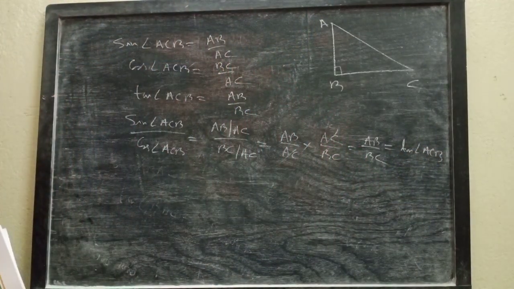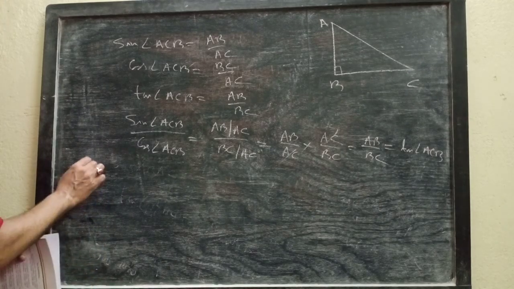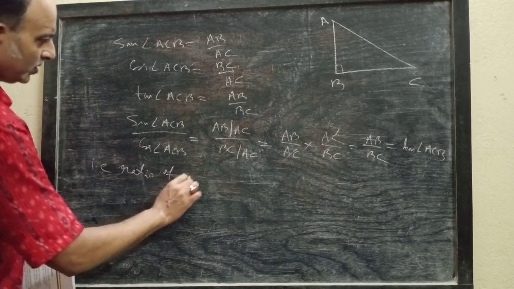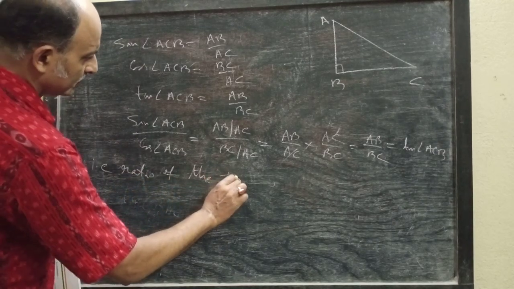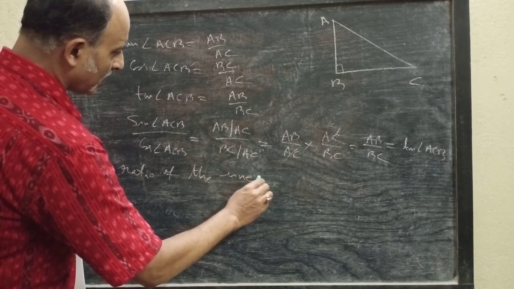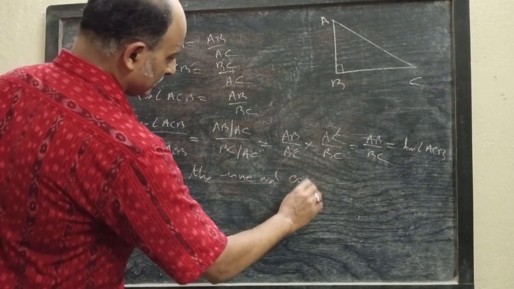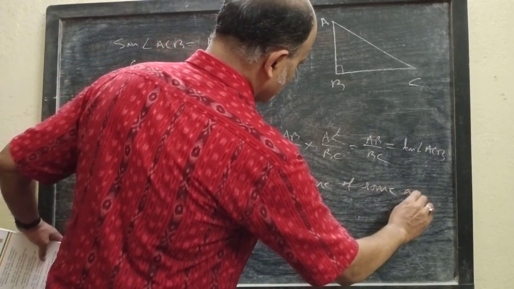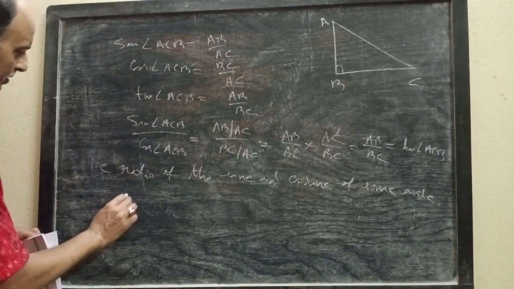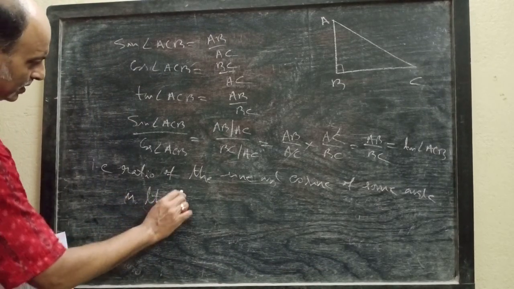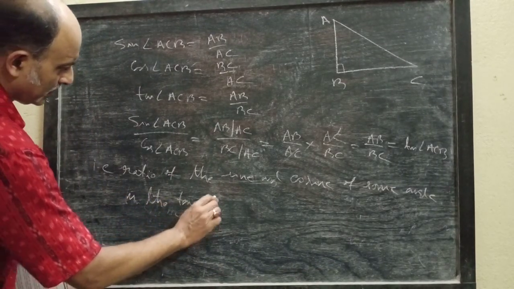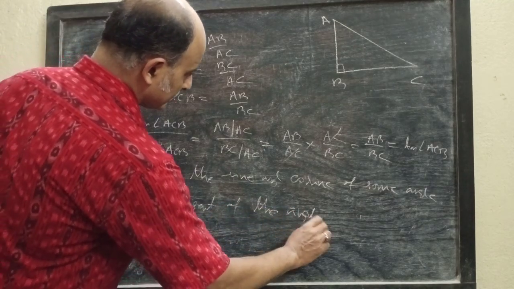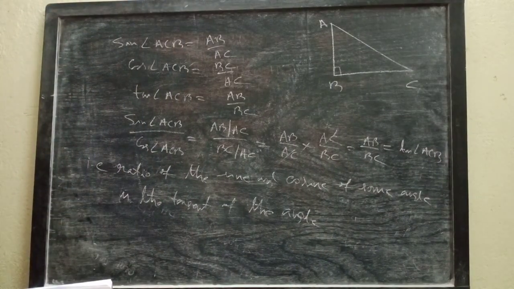So we get a result: the ratio of the sine and cosine of some angle is the tangent of the angle.